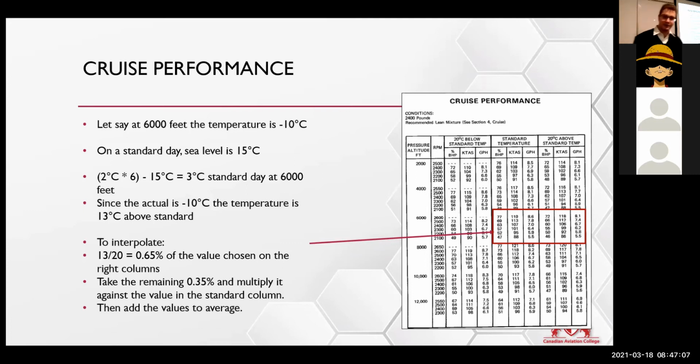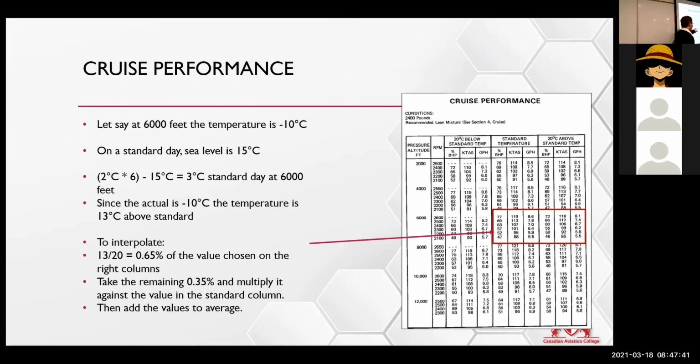So 6 times 2 is about 12, and 15 minus 12 is going to be 3. So at 6,000 feet, the standard temperature is going to be 3 degrees. But for that special day, it was extra cold. In reality, it's -10.